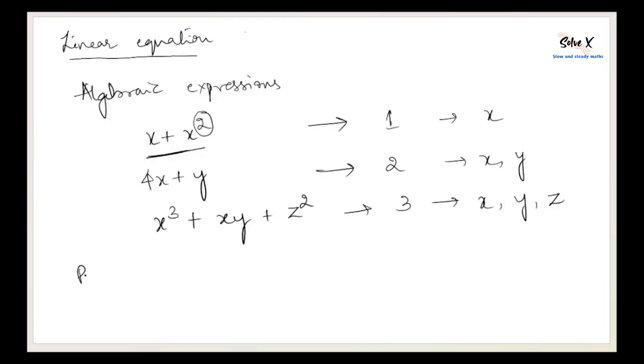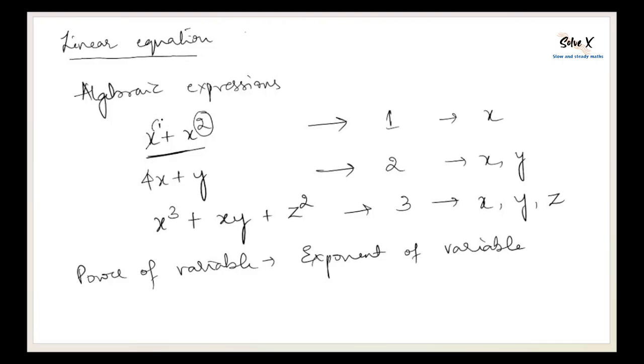So what do I mean by power of variable? It is nothing but the exponent of the variable. When nothing is mentioned over the variable, that means the power is 1.